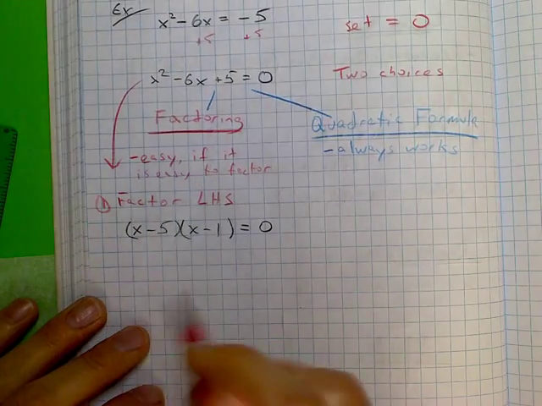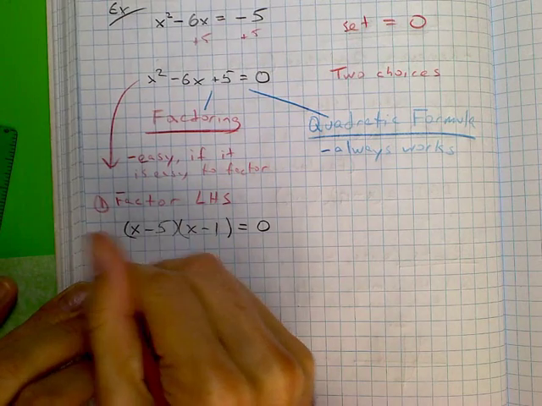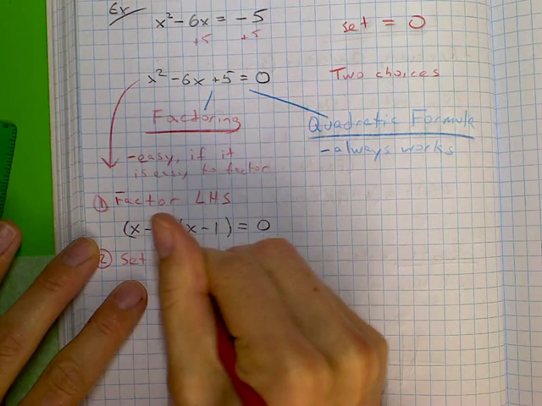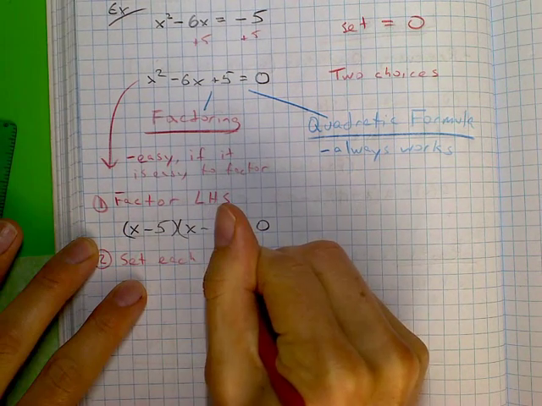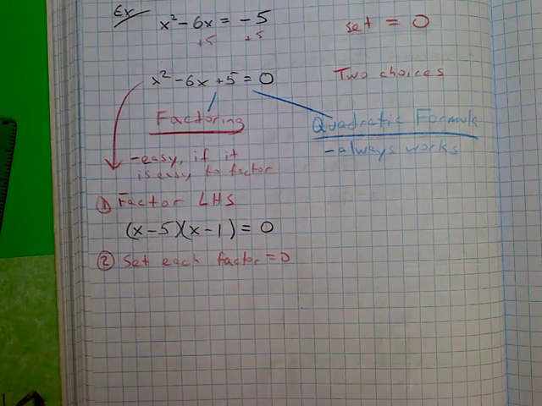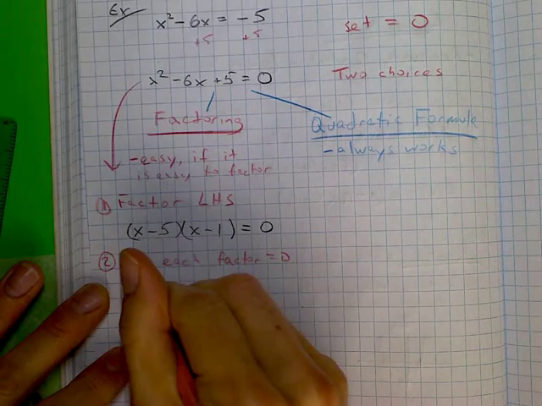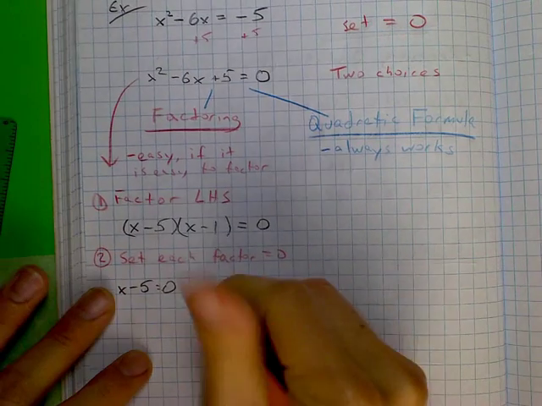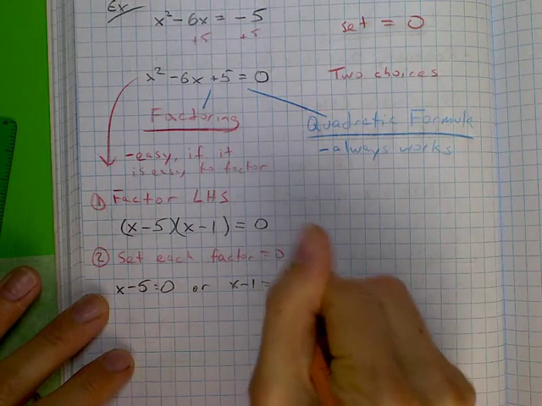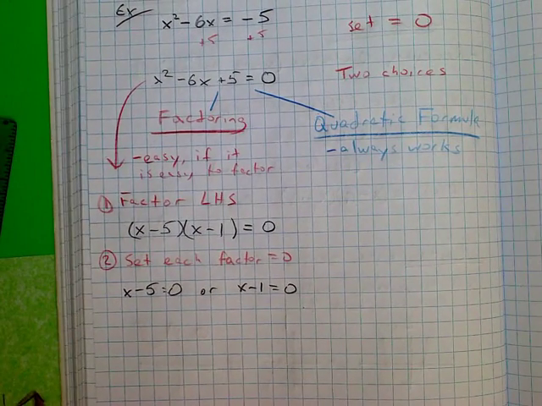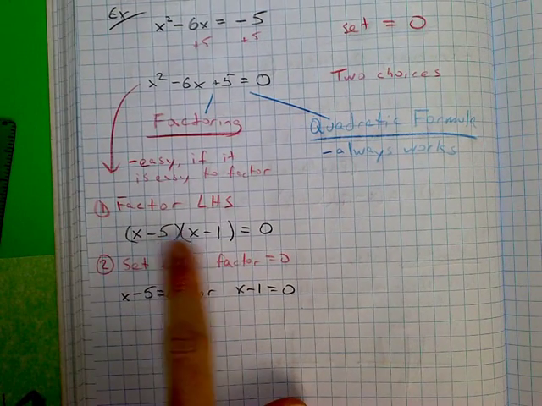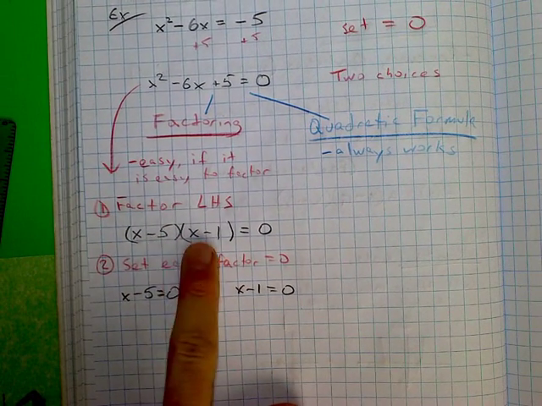Okay, now what? I factored it. I want to set each factor equal to 0. So in other words, I'm going to have x minus 5 equals 0, or I'm going to have x minus 1 equals 0. So in other words, I have these two numbers, they're multiplied together.